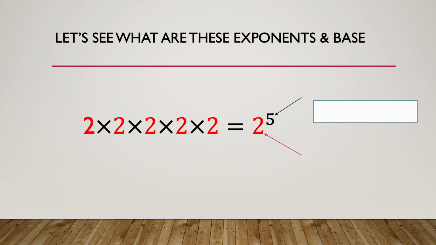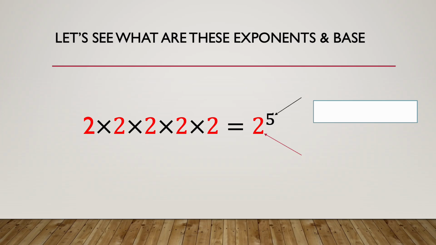You can see this is the same number multiplied several times. What is the number? Number 2. How many times multiplied? 1, 2, 3, 4, 5. So number 2 is multiplied 5 times.